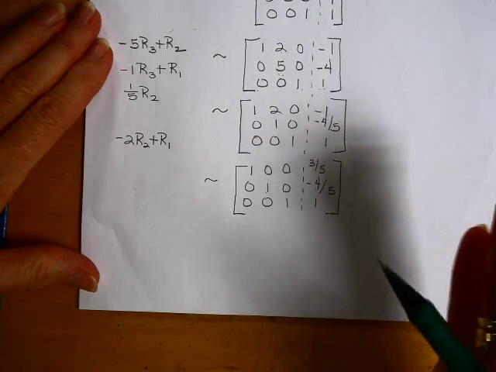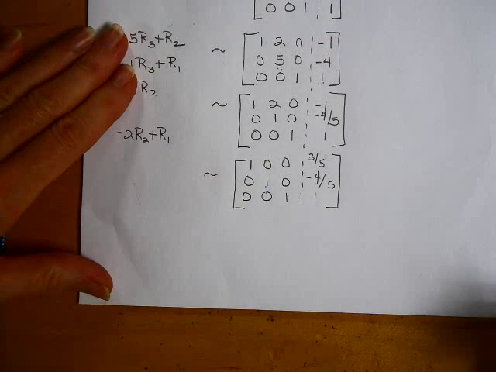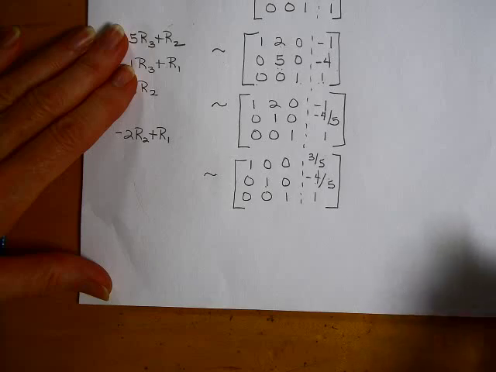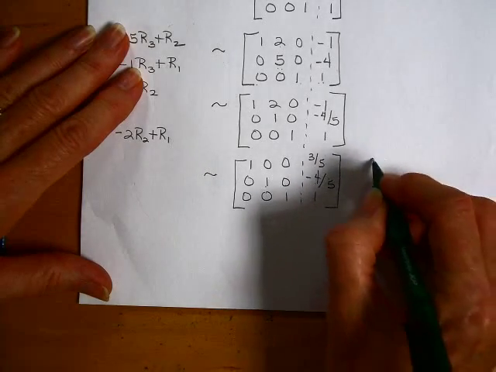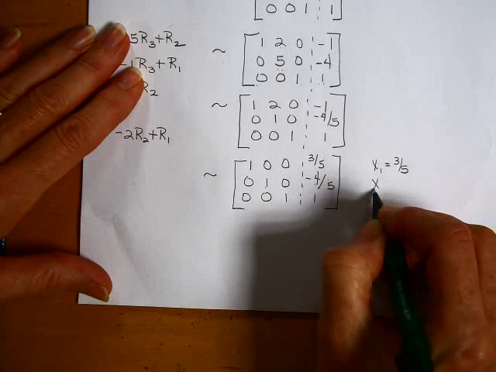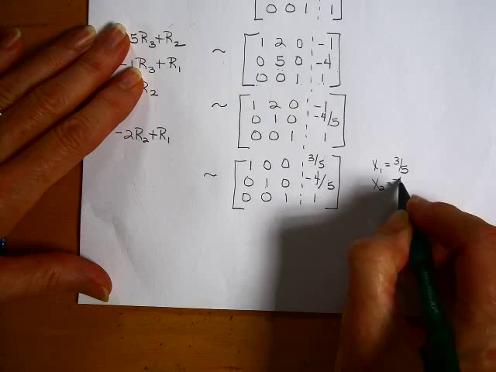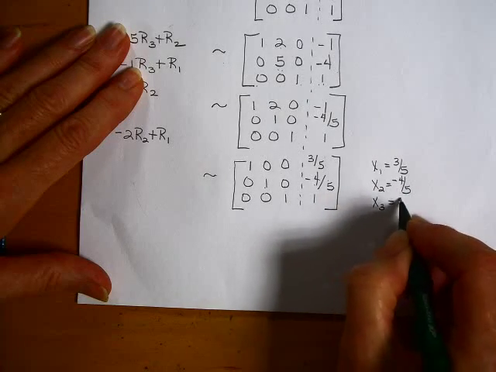They want the solution as a vector. What is the solution? Okay, x1 is 3/5. x2 is negative 4/5. And x3 is 1.